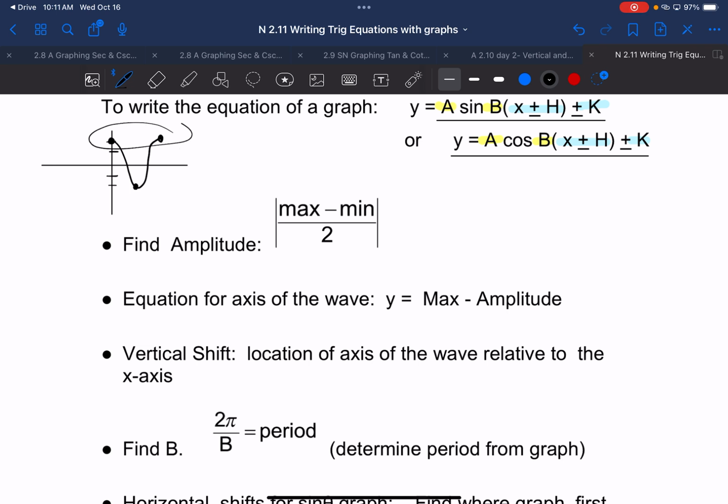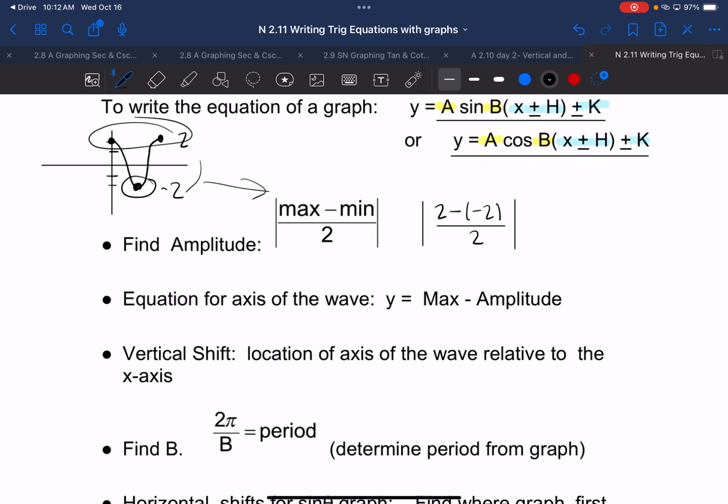So my maximums would be these points, right? The highest it went would be up here at 2. My minimum is this point down low down here, which is at negative 2. So if I were to take these values and plug it in here, I'd have the absolute value of my maximum, which is 2, minus my minimum, which was what? Negative 2. Okay, all over 2.